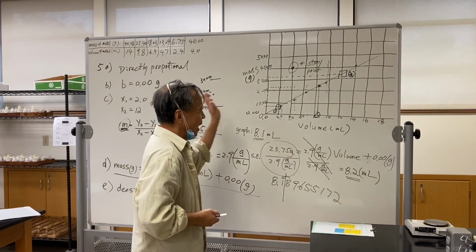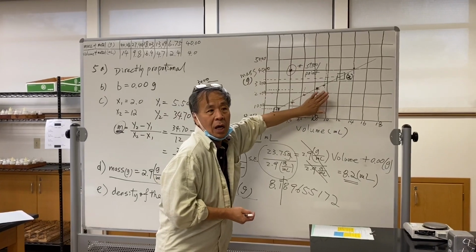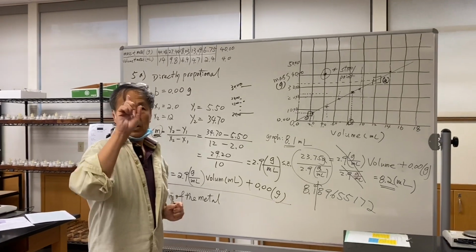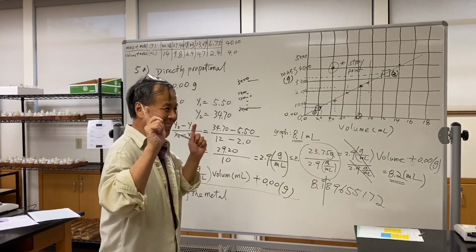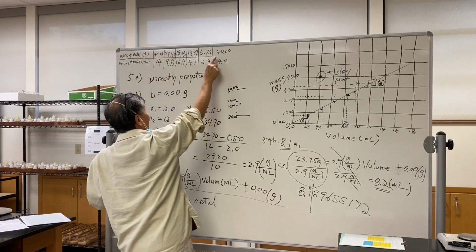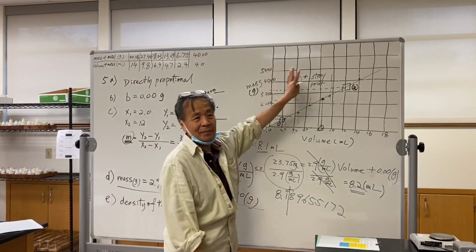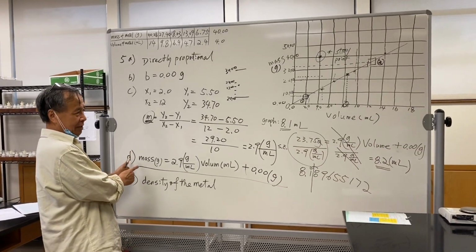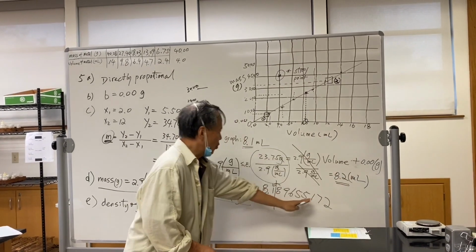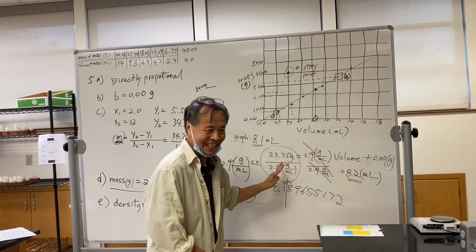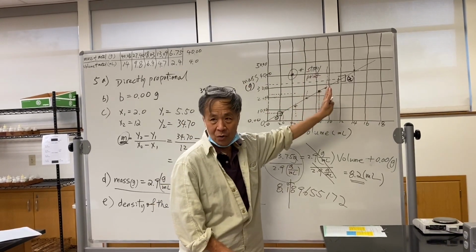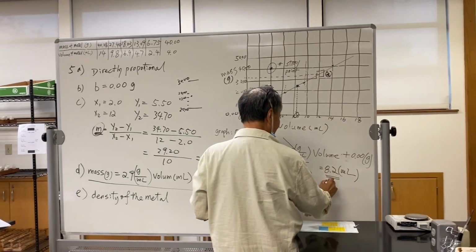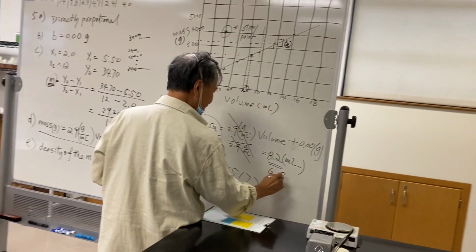In other words, your so-called graph realistically represented data points have been given, and your specific equation realistically represents your graph. Now the question is, what if you have 6.8 milliliter?